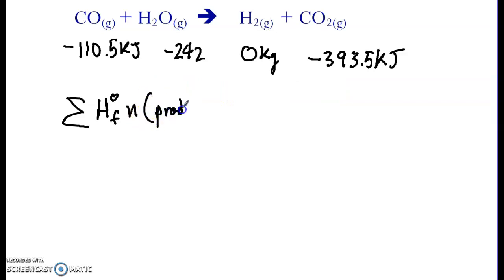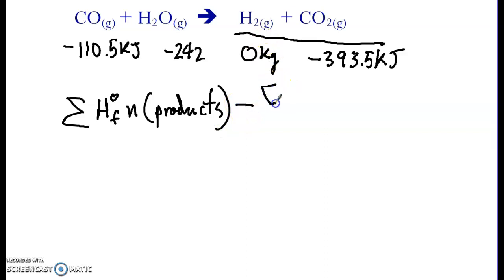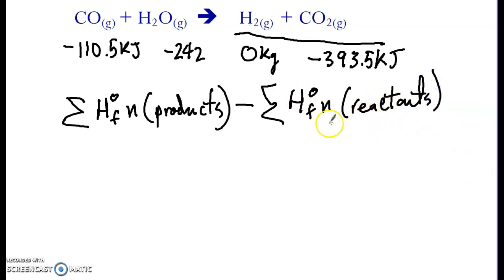This will be the products. Don't get confused. These are the reactants, these are the products. Then we're going to subtract the sum of all of the reactants. Oops, I wrote that wrong. The mole should be on the other side, but it doesn't really matter.